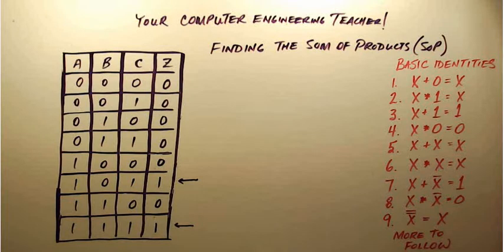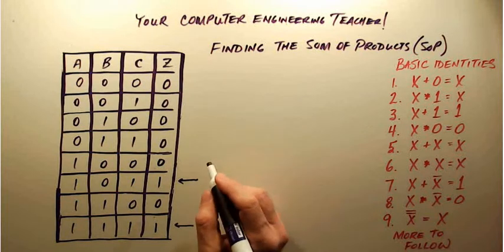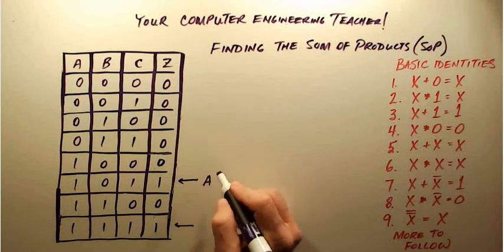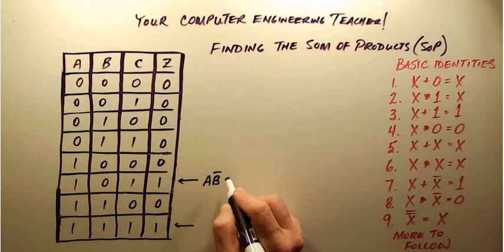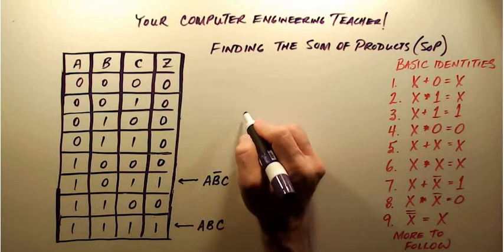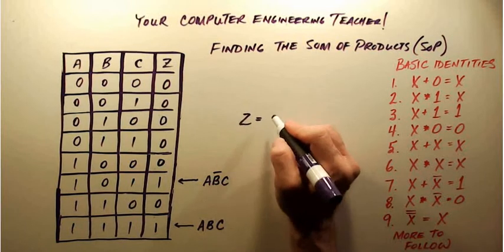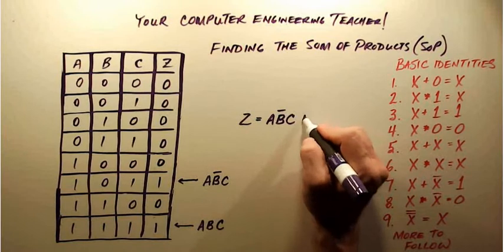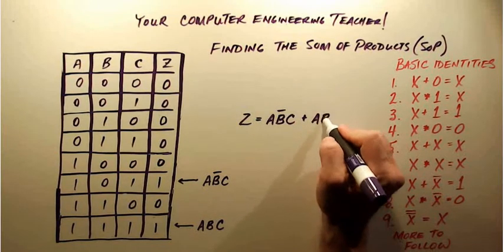And if we write the product of the inputs, we would have A times B naught times C. And for this one here, we would have A times B times C. And in step 3, we would find the sum of those products. So output Z would be equal to A B naught C plus A B C.